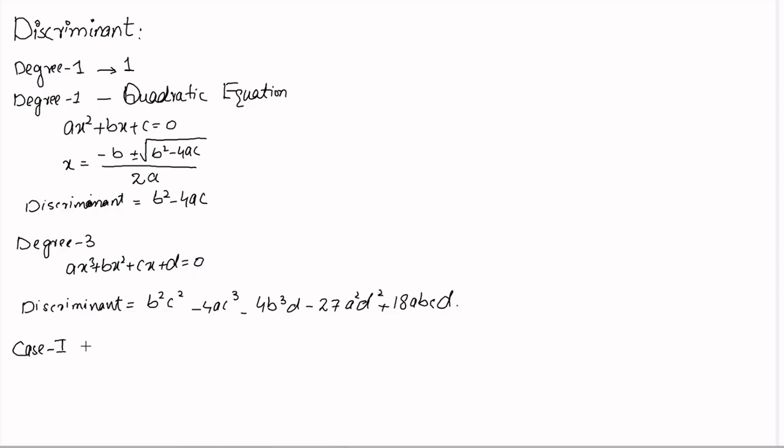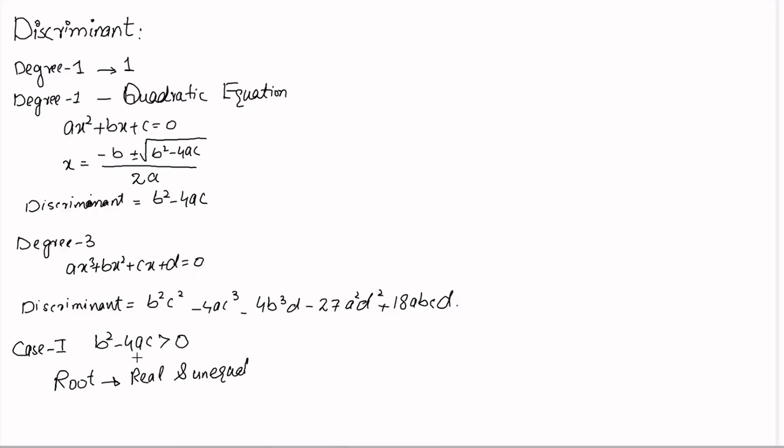Case number 1 will be if b square minus 4ac has a value greater than 0. If the value of b square minus 4ac is greater than 0, then the characteristic of the roots will be real and unequal.